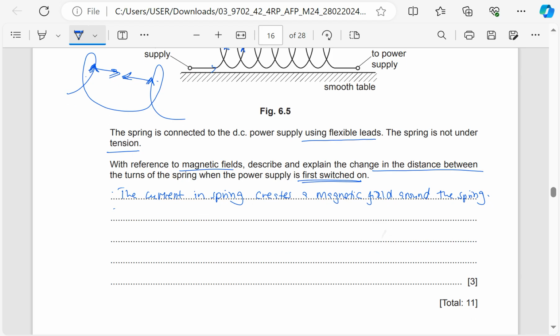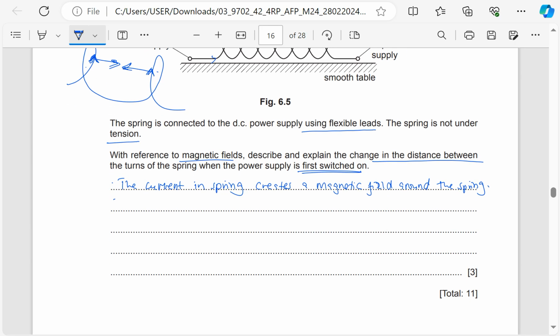So if I consider just two turns, it means the magnetic field around each of the two neighboring turns are going to be interacting. So they will create a force on each of the turns, which force is going to be attractive.